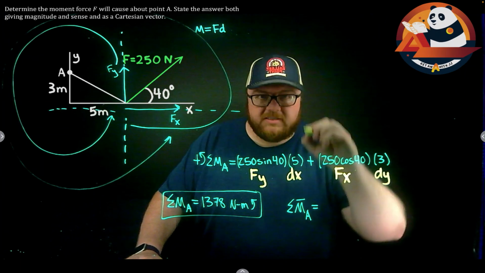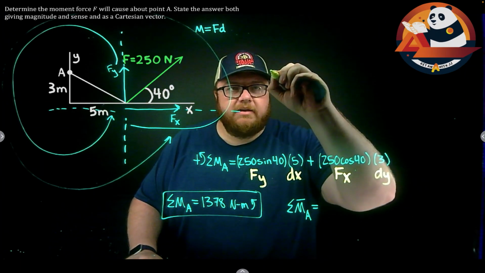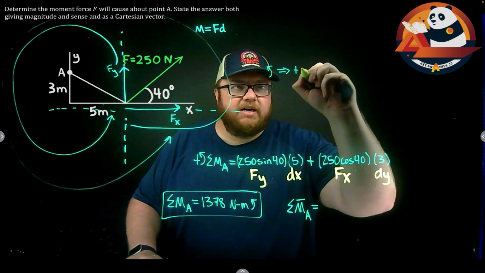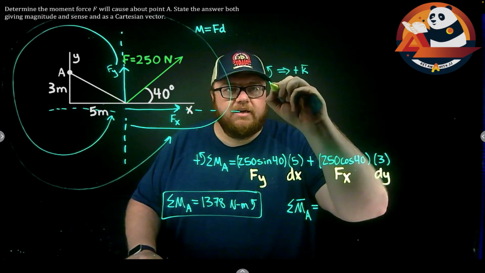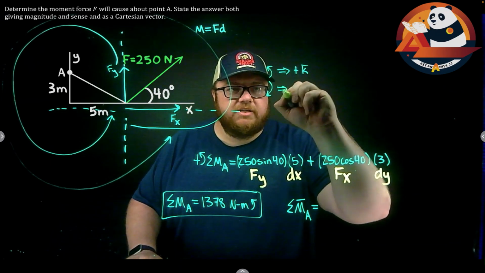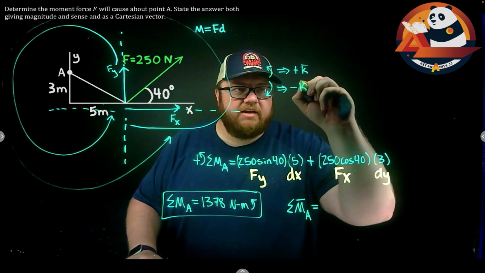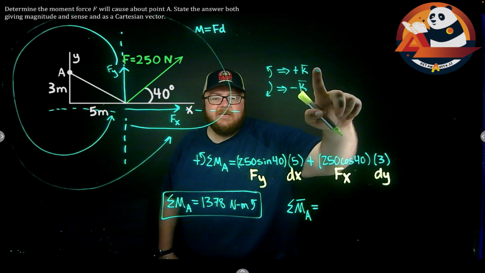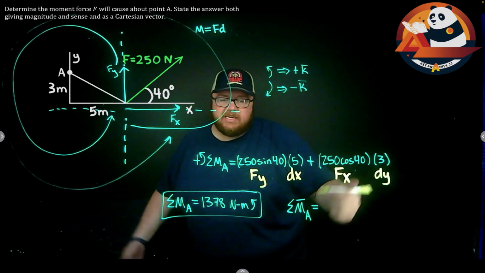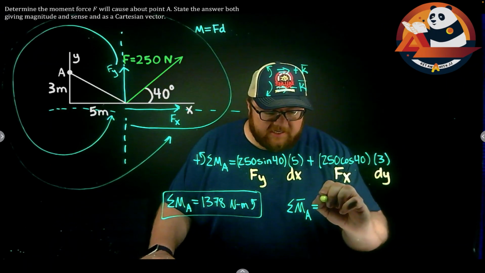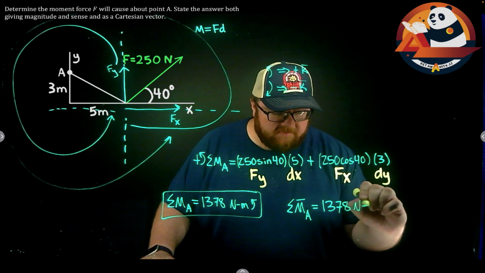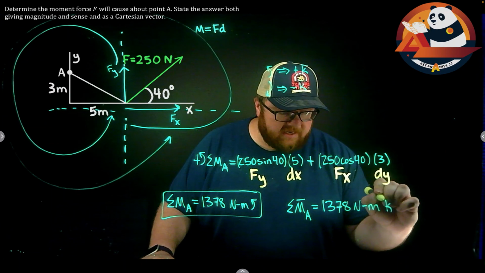So this is just, let's actually write that down. A counterclockwise goes to positive k. A clockwise rotation, we would just write that as a negative k. I had counterclockwise, so instead of putting my arrow in, I'll just stick a k on that. And this is 1378 Newton-meters in the k direction.